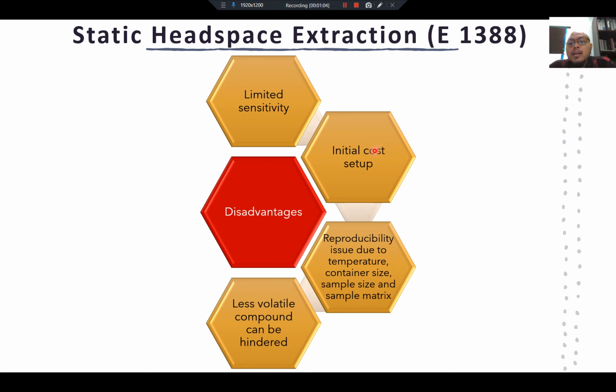There is a reproducibility issue related to temperature and so on, but I don't really worry about this because we don't really do quantitative analysis. Also, less volatile compounds can be hindered; it's quite difficult to collect them inside of the airtight gas syringe.